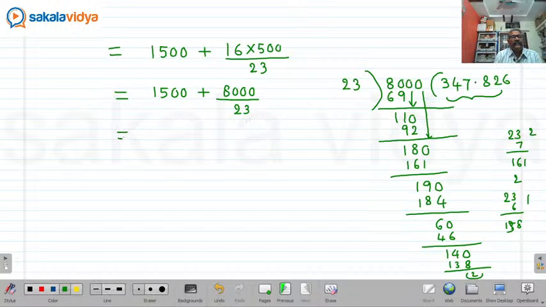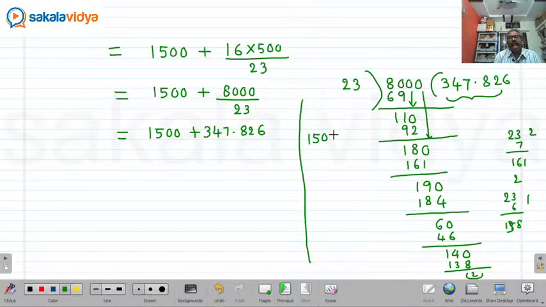So this we can write 1500 plus 347.826. So now what shall we do here? For 1500, write 0.00. It makes no difference. 347.826. Let us add.